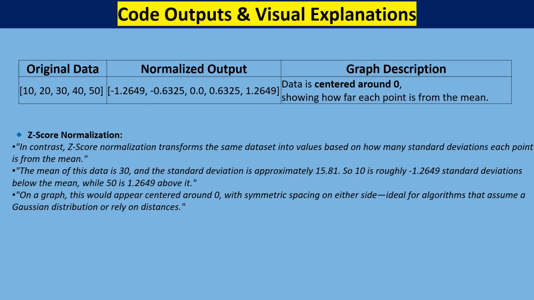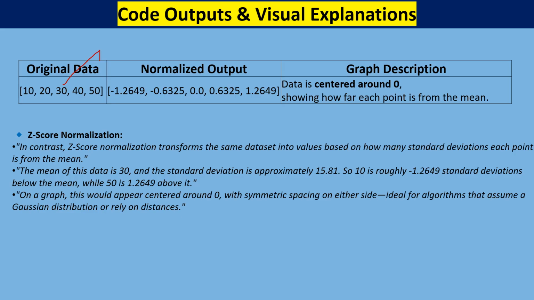Z-score normalization. In contrast, Z-score normalization transforms the same dataset into values based on how many standard deviations each point is from the mean. The mean of this data is 30 and the standard deviation is approximately 15.81.